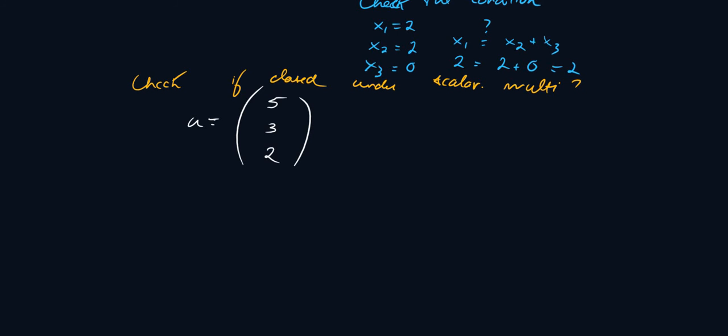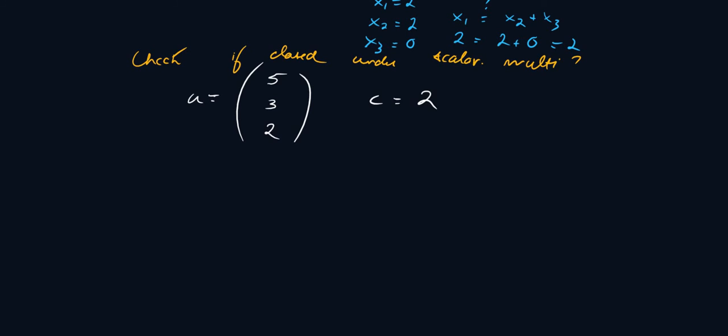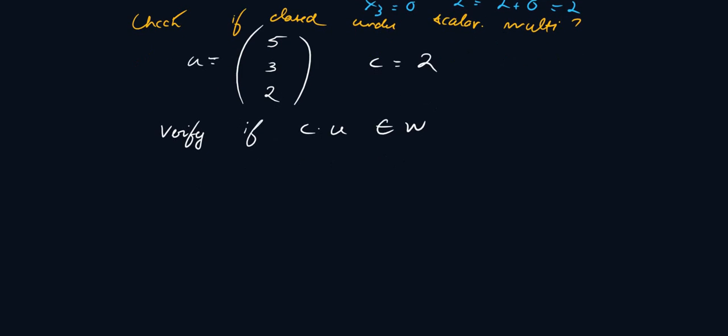It needs to be 5 or else it wouldn't be in W. And let's pick a scalar c that's equal to 2. I'm trying to verify if c scalar multiplied by u is also in W. Well, let's see.